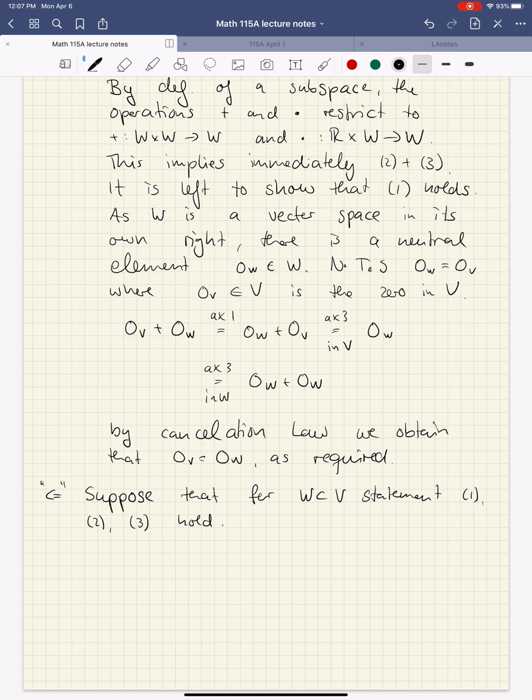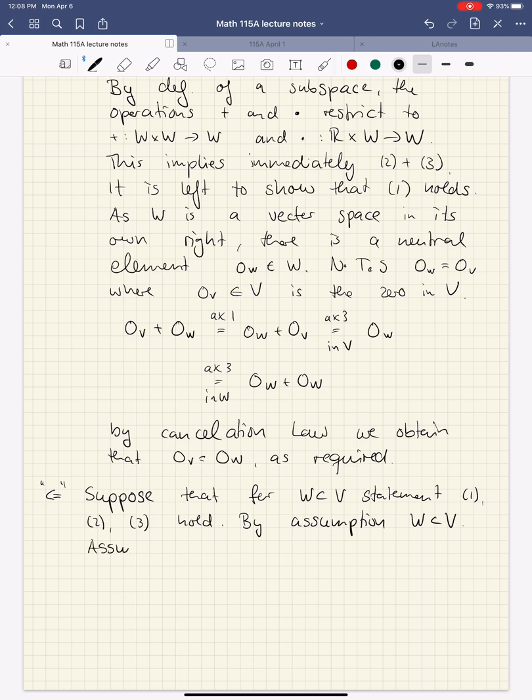Now we want to show that it's a subspace, so we have to go back to the definition. You might want to put it up on your screen so you can double check. We have to show it's a subset, but we have this because we assume that W is a subset. The second part was to show that addition and multiplication restrict, but this is parts 2 and 3.